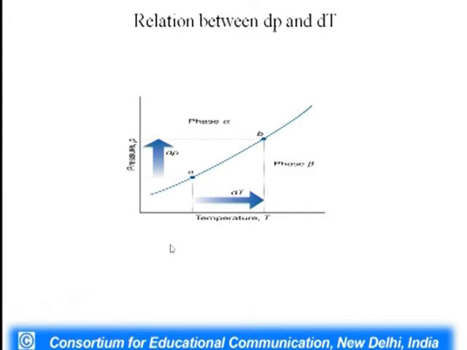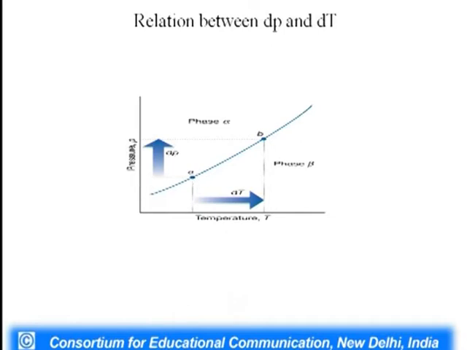Now, let us think of this same thing. So, this is equilibrium. This is your line, solid this side, phase alpha, phase beta. So, there is equilibrium between phase alpha and phase beta. At a particular temperature, this is the pressure at which equilibrium exists.